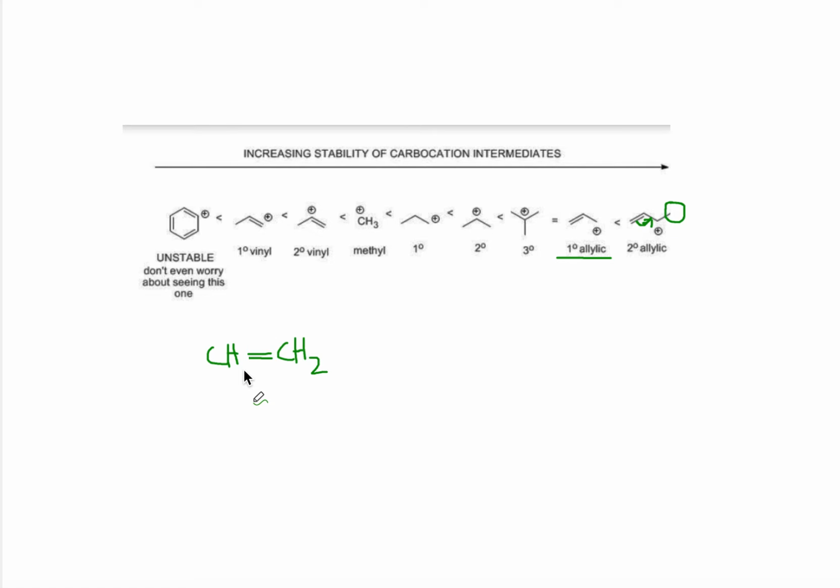This is ethene. This ethene group, when connected further to another carbon, then it appears like this, and this functionality is known as vinyl. So we have a vinyl group that is attached with methyl. So it is secondary vinyl.